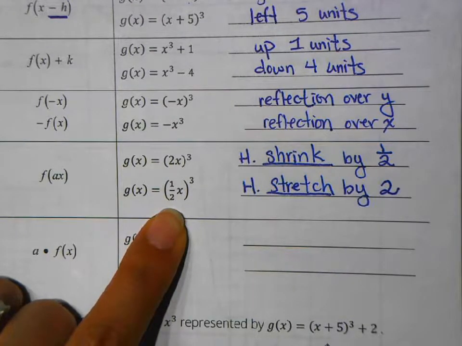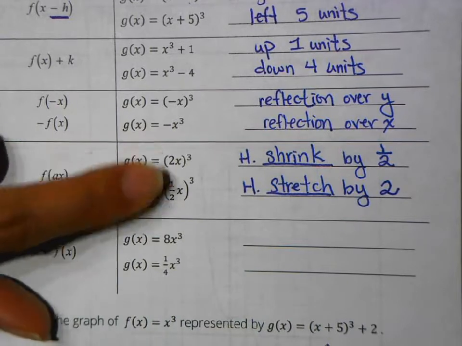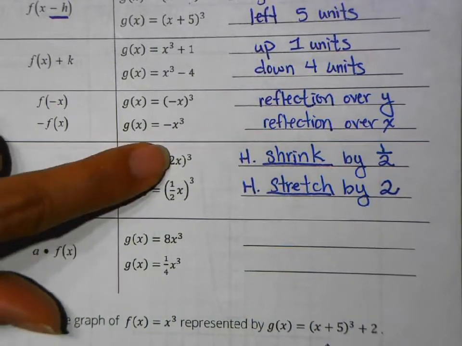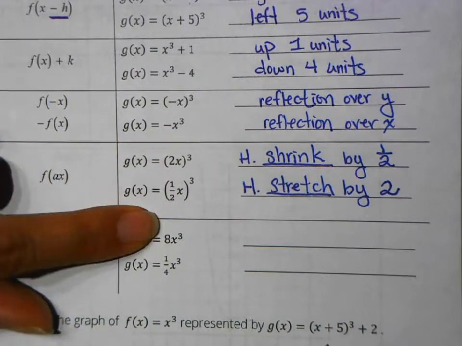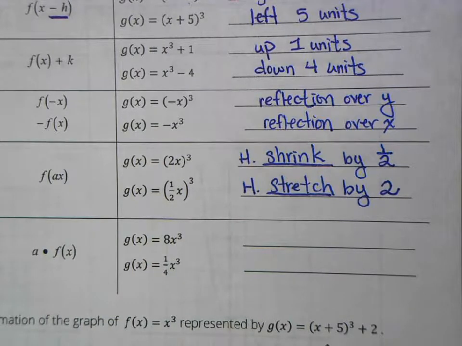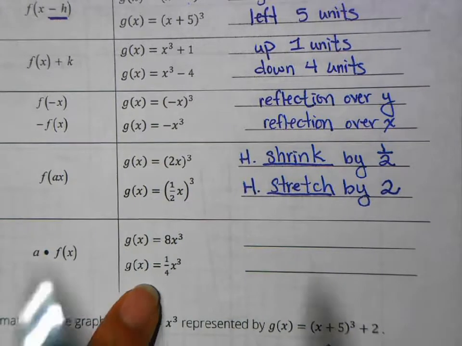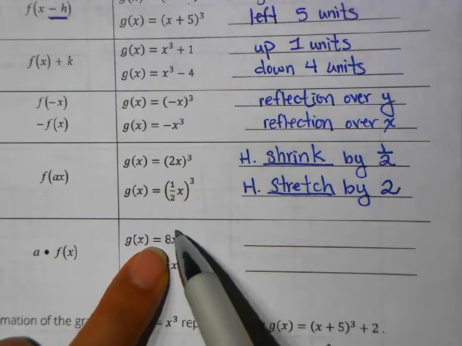A number bigger than 1 gives me a stretch. A number smaller than 1 and bigger than 0 gives me a shrink. So the horizontal stretch or shrink is a little tricky because you have to take the reciprocal of whatever you're actually multiplying by.